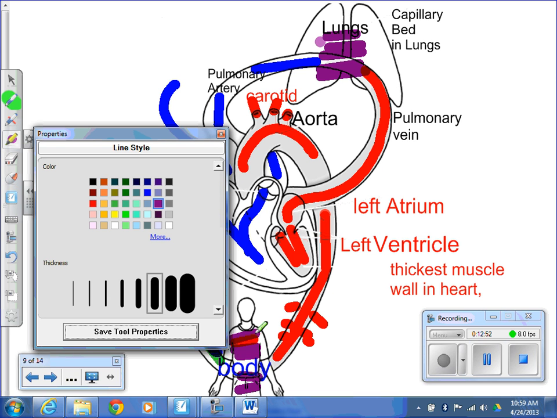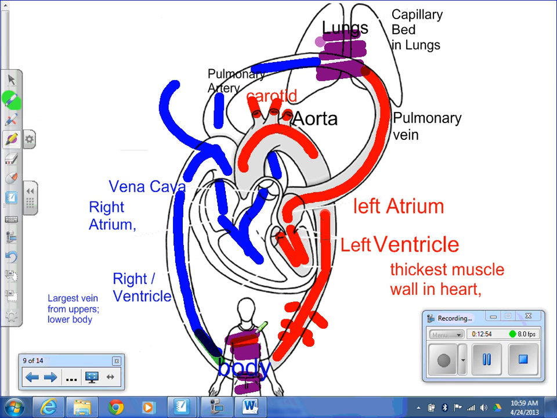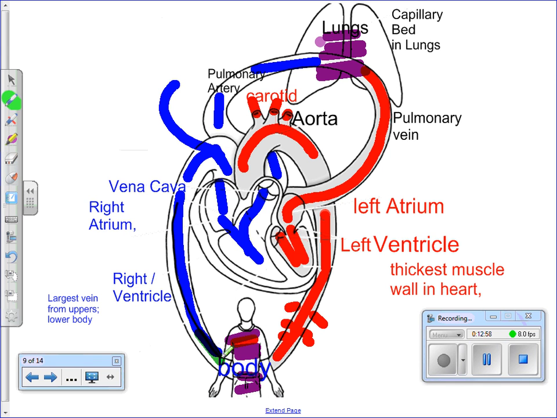And so that is going to be the complete circle. And you can trace it again, so it can go here, and from here, right atrium, right ventricle, lungs, left atrium, left ventricle, aorta, and around.